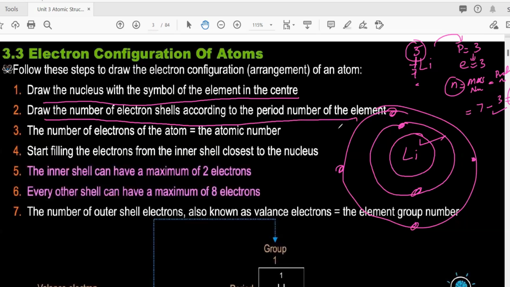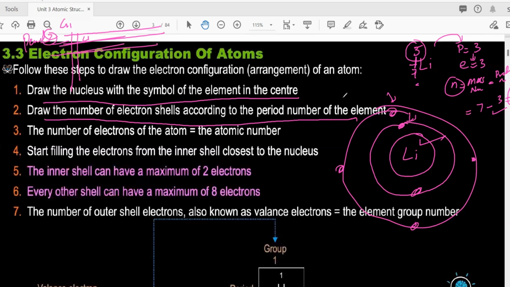Now you know the periodic table. In the periodic table, the lines like this are known as periods, and the lines like this are known as groups. If an element is in period 2, let's say lithium, this is period number 2. It means it can have only 2 shells.